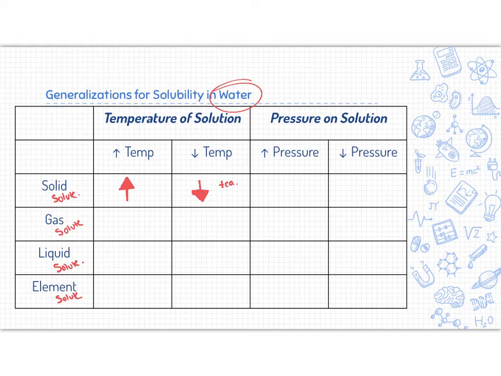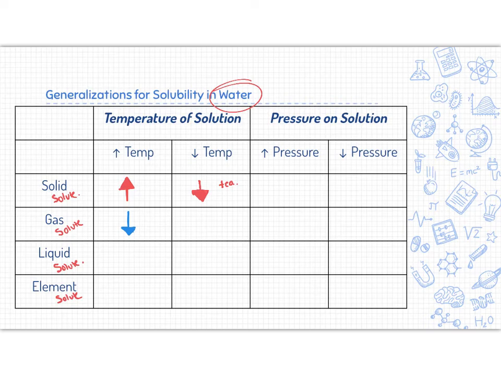A gas, as I increase the temperature, think about pop, the carbonation in pop. As I increase the temperature, the carbonation in pop decreases. Okay, because the solubility of the gas in the pop decreases as well.